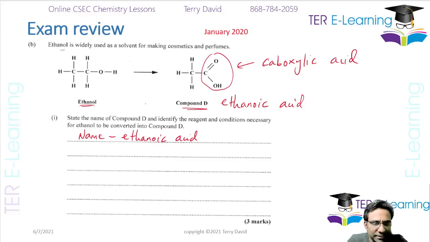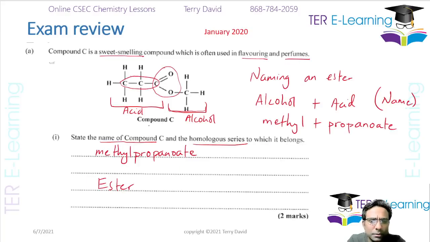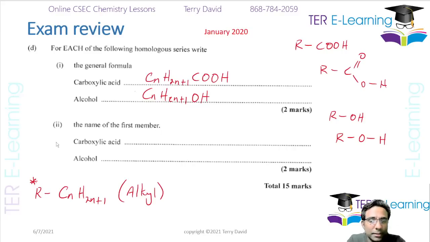Alright, hold on, you all said I missed out a question. Let's go back. Oh, sorry, I didn't see that there. I missed that completely. Name the first member of the carboxylic acid group.